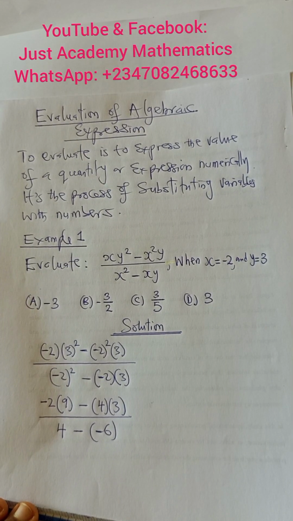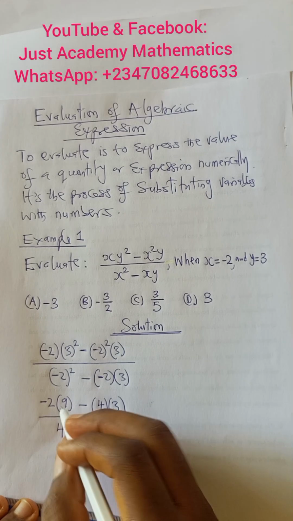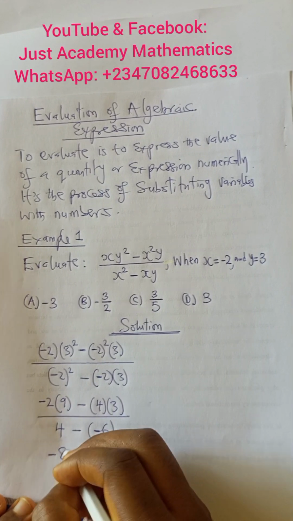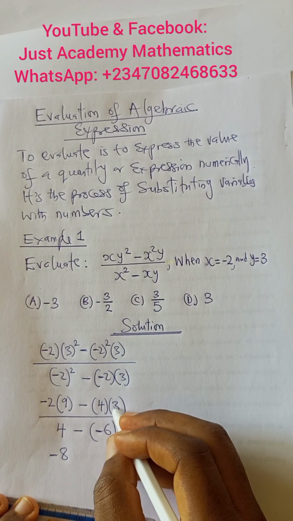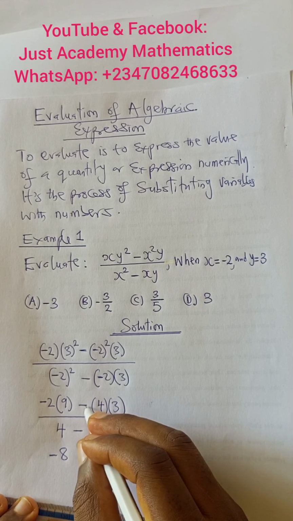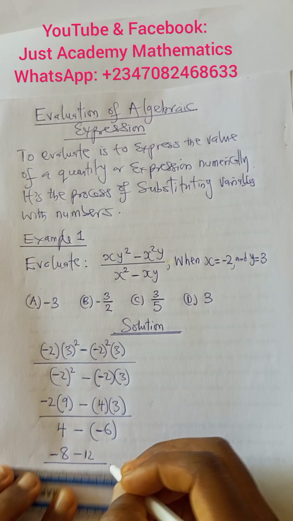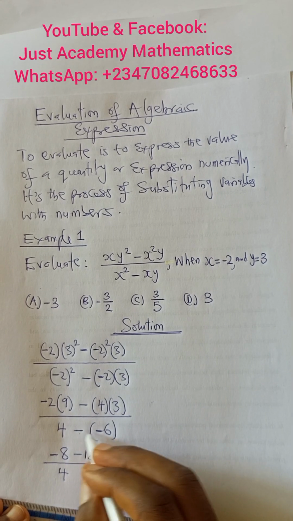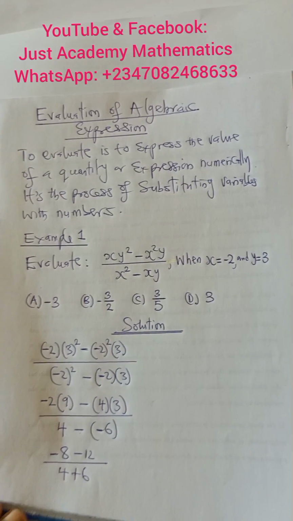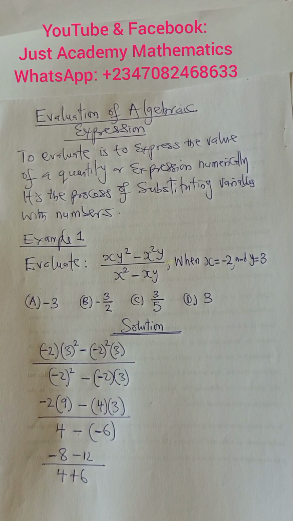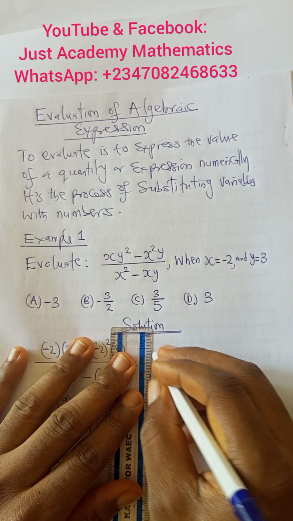Can you see that now? So -2 times 9 is what? -18. -4 times 3, 12 times this minus, that is -12 over what? 4 minus times minus is what? +6.